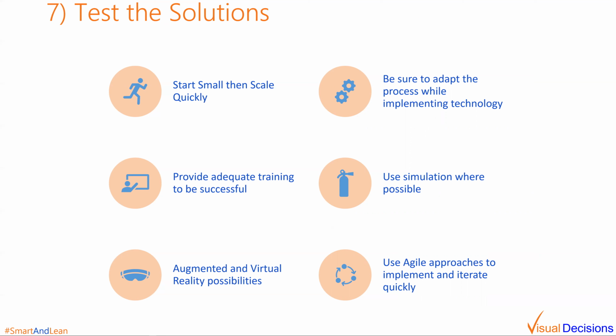A large portion of what we do at Visual Decisions is implementing IIoT, or Industrial Internet of Things, solutions with our customers. These platforms tend to have tremendous flexibility to address common and uncommon issues in manufacturing. They tend to have some development time associated with them, and a big recommendation is to utilize agile approaches for the development of the solutions.